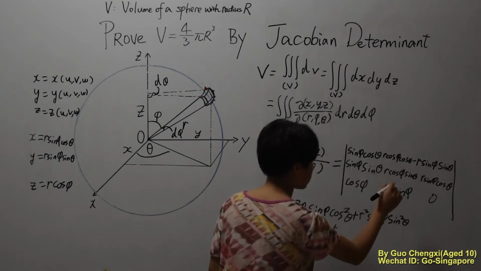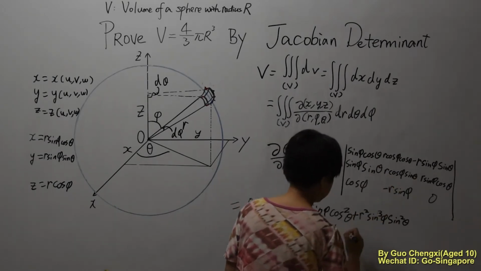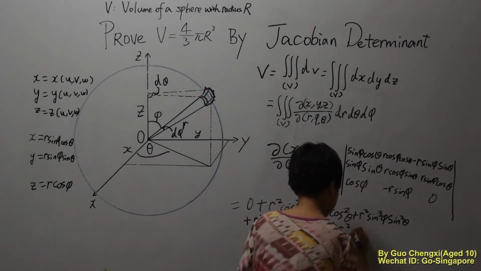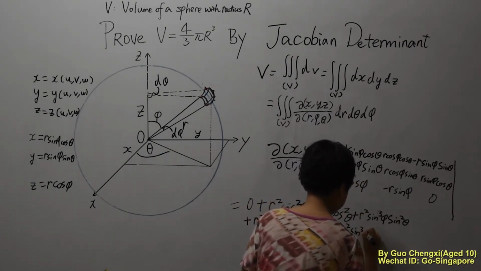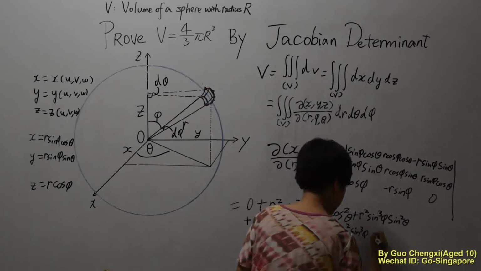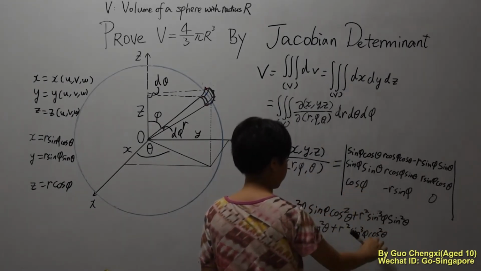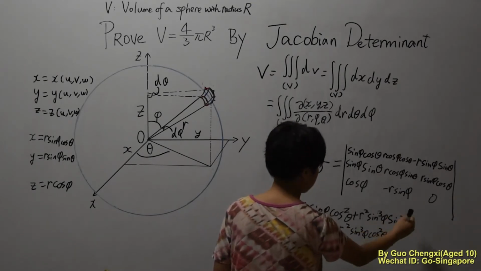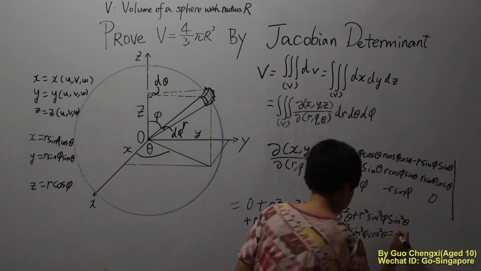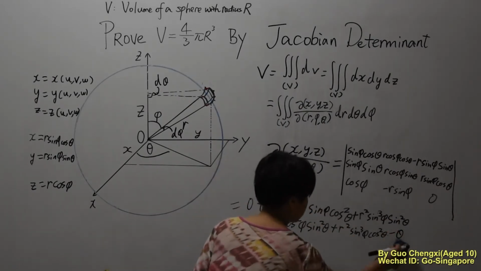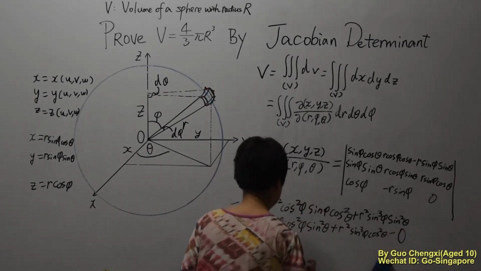Then after that, for the next one, it will become r square sine cube phi. Then after that, cosine square theta, and yeah. Then finally for the last one, once again 0. So this part minus 0. Not minus theta, okay, it's minus 0.